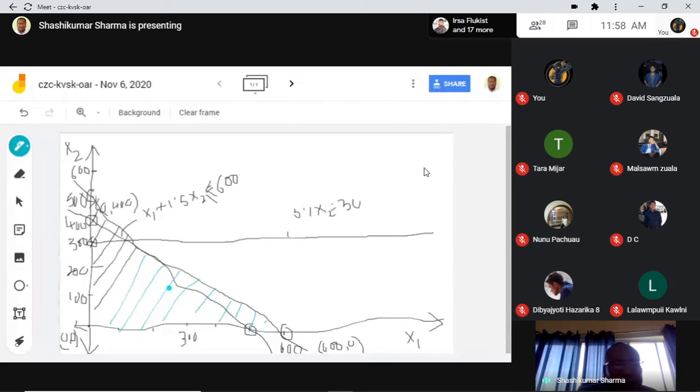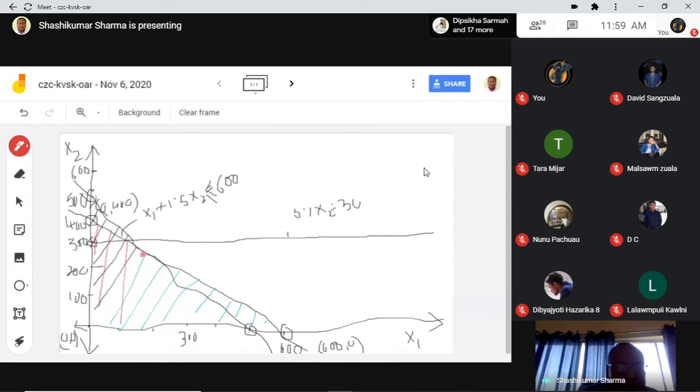Similarly, the second equation was 0.2x1 plus 0.2x2 is less than or equal to 100. When we put 0, 0 in there, what you get is 0. 0 is less than 100 and it is true. So once again, all those which fall in that line, we draw another shading.